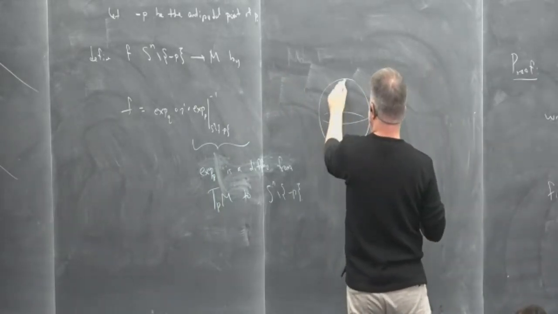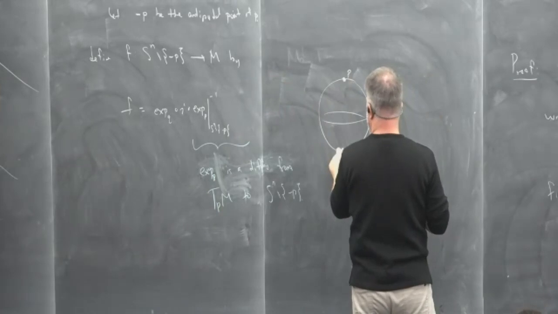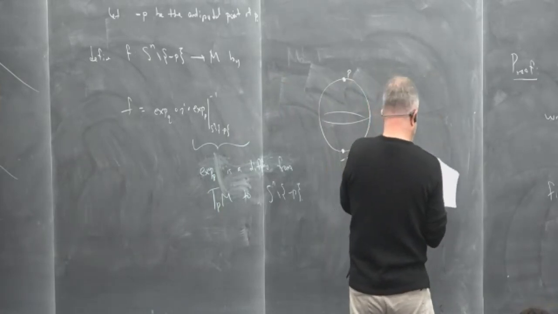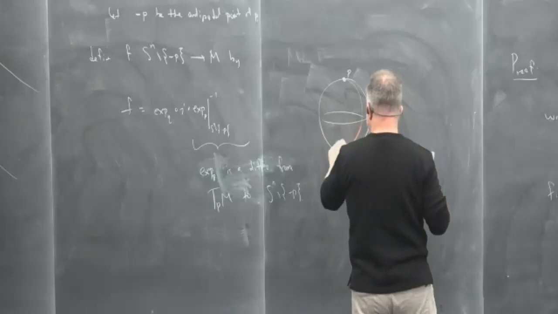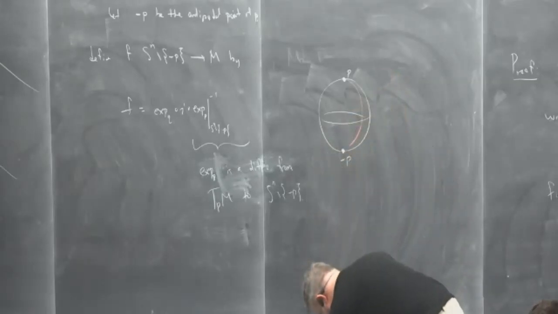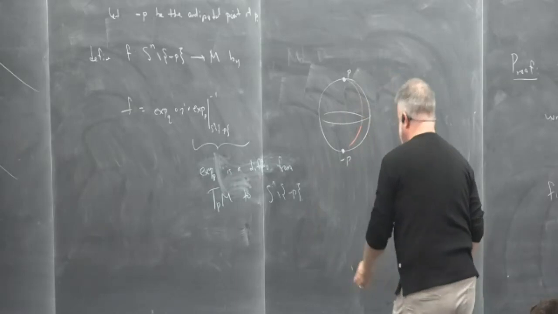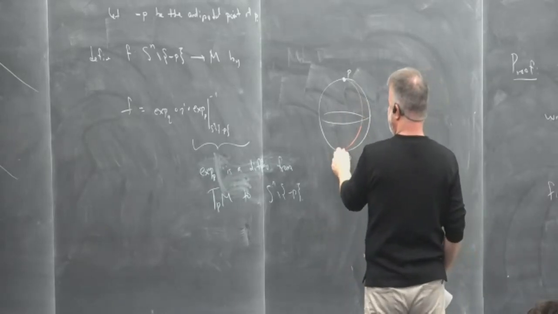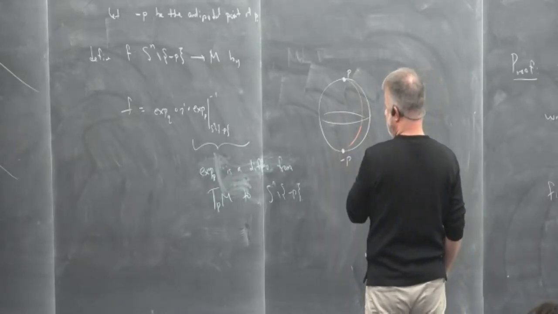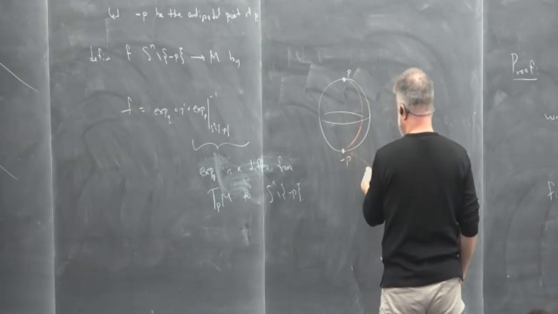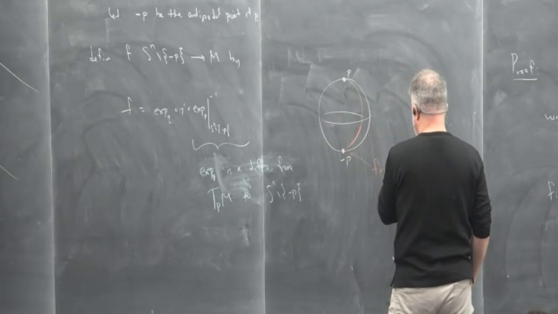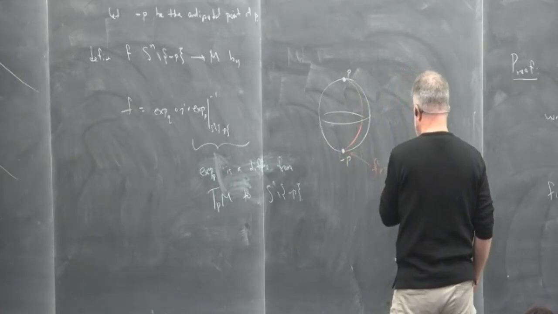So this is P. This is minus P. We can follow one of these geodesics, and the only place where the exponential map fails to be a local diffeomorphism is when we hit the first conjugate point. But the first conjugate point we worked out for the sphere is the antipodal point. This is the first conjugate point.